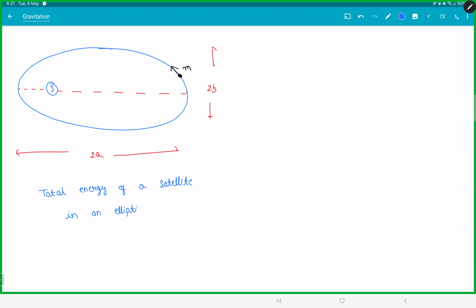The circular orbit is fine, we know that. That was easy to derive also. The total energy is minus GMm by 2a. If the ellipse becomes a circle, 2a becomes 2r, so you get minus GMm by 2r. A circle is a very special case of an ellipse where a is equal to b.